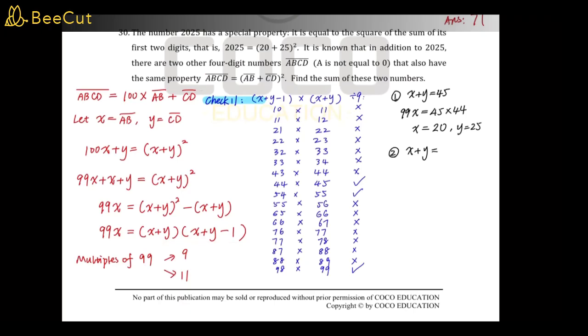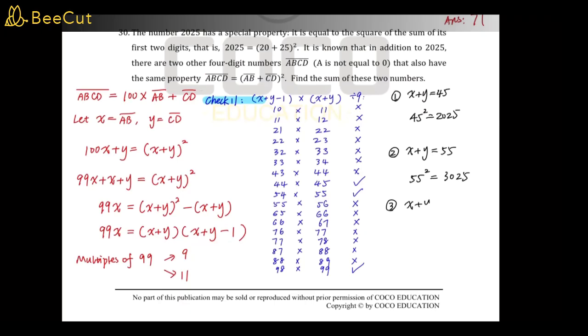Second case, X plus Y equal to 55. Actually, it will be easier if you just find the square number. The first one is 45 squared, 2025. Second one, the sum of the number is 55, so it's 55 squared, 3025. So it's 30 plus 25 squared.